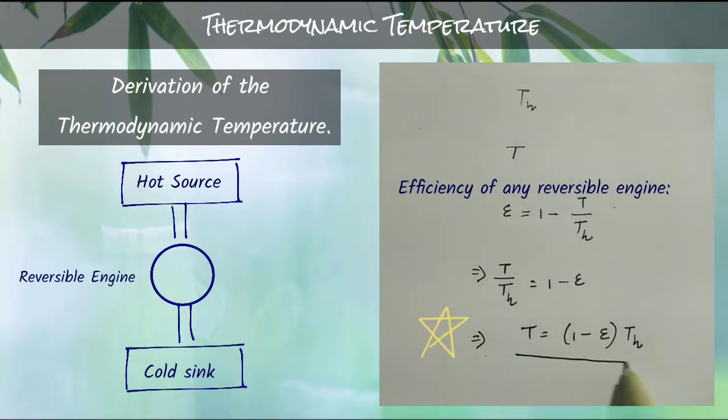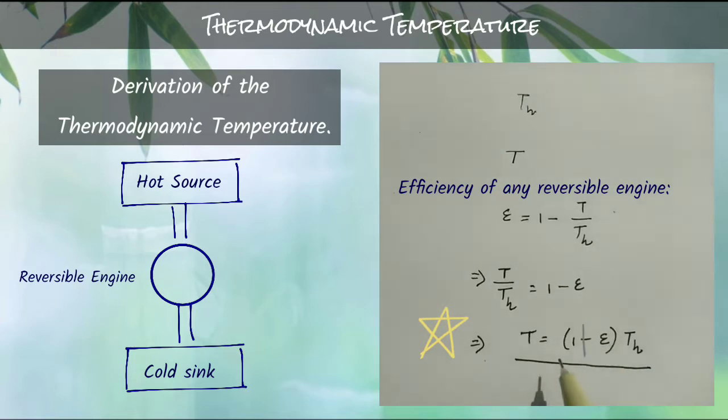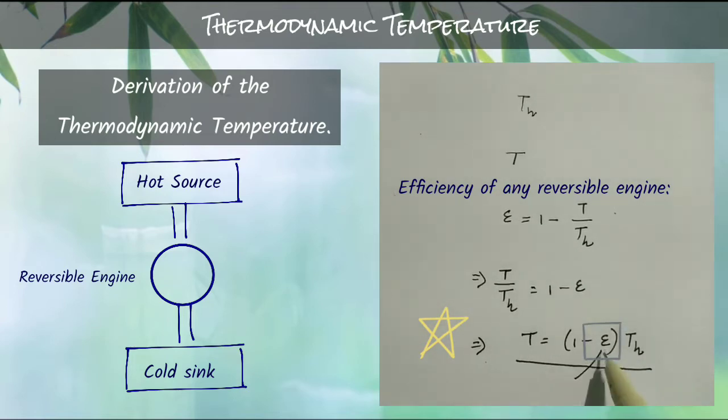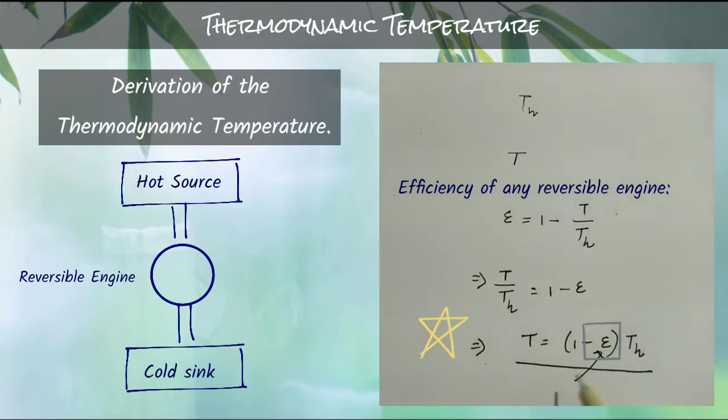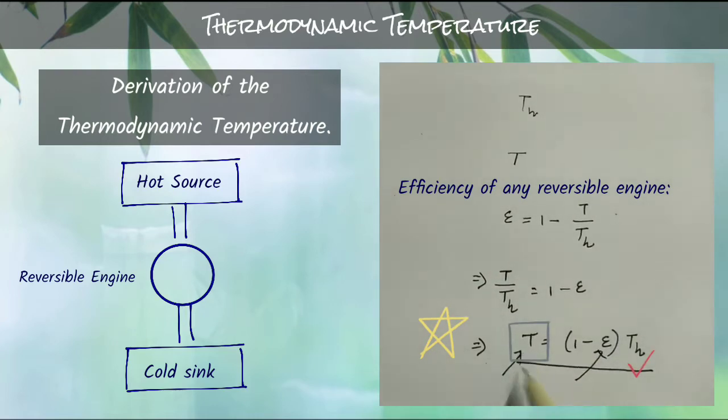Kelvin was very happy to see this relation. He noticed that if the efficiency of the Carnot engine is known, then one can easily calculate the temperature of the cold sink by using the temperature of the hot source.